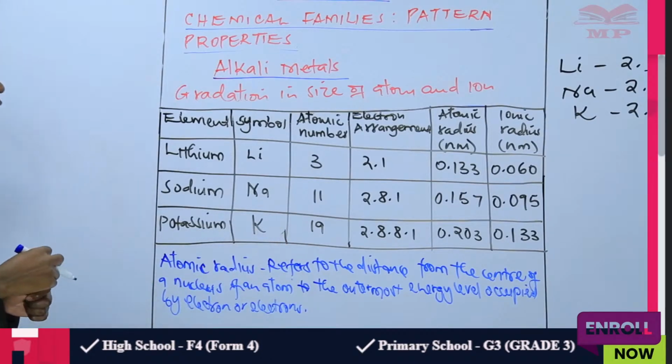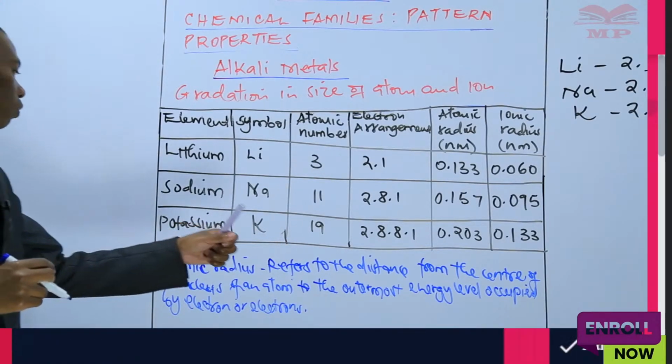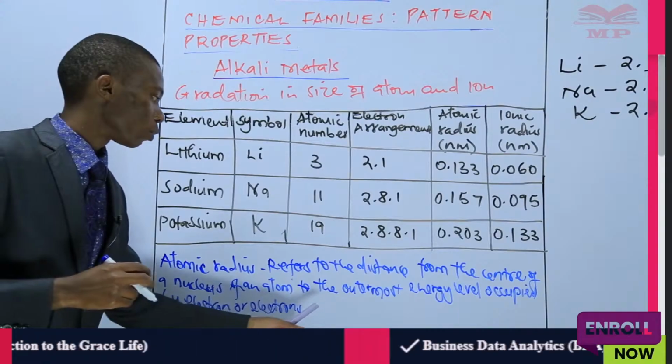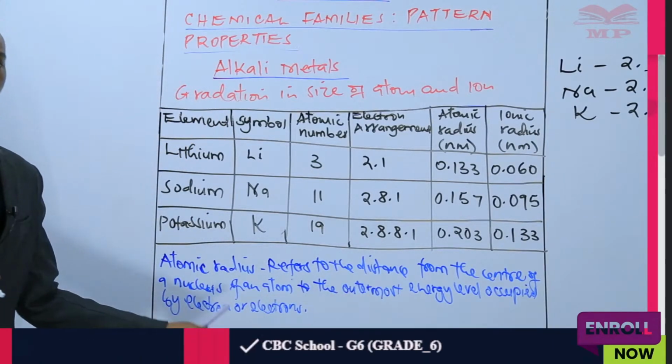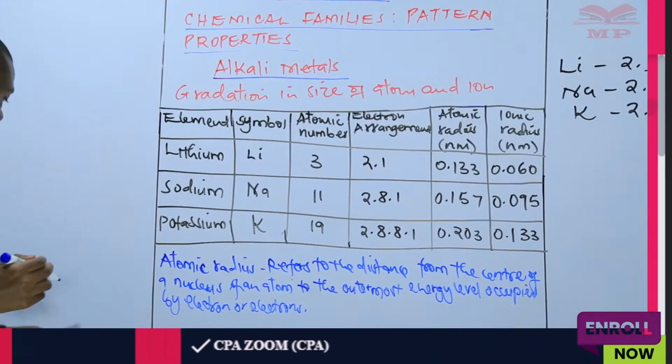So atomic radius refers to the distance from the center of the nucleus of an atom to the outermost energy level occupied by the electron or electrons.